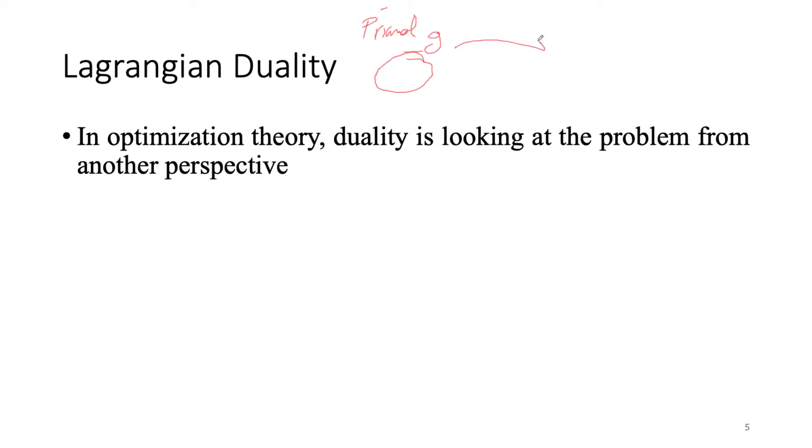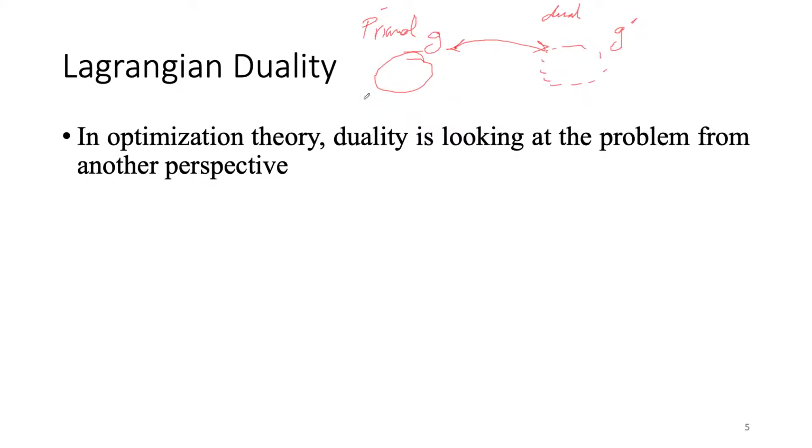Then, if it's a convex problem, you can change it to G prime, which we call the dual problem. In a convex world, normally these two have the same optimal solution, right?